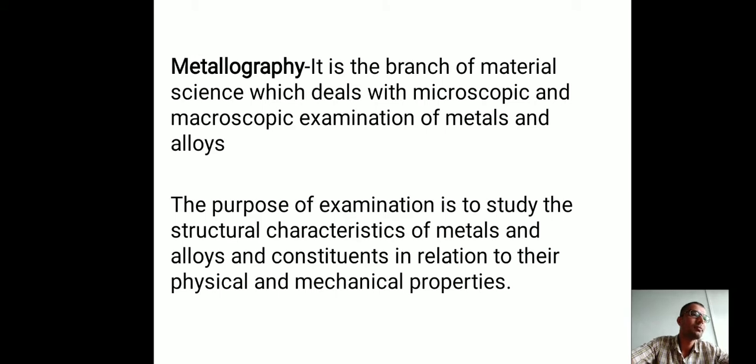Means physical and mechanical properties of the material depend on the microstructure of the material. So study of the microstructure of different materials finds out the different phases of that material, and with the help of that we find out the mechanical and physical properties. Correct? All that comes under metallography.